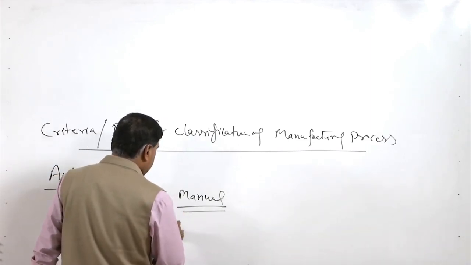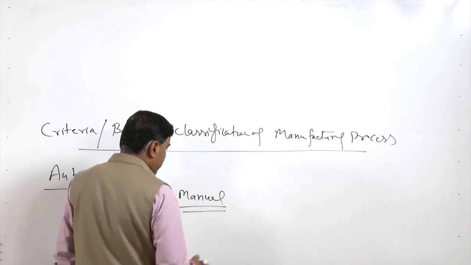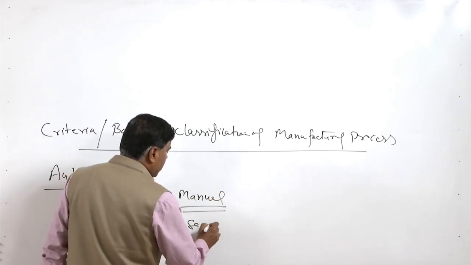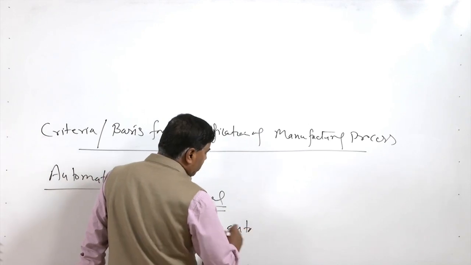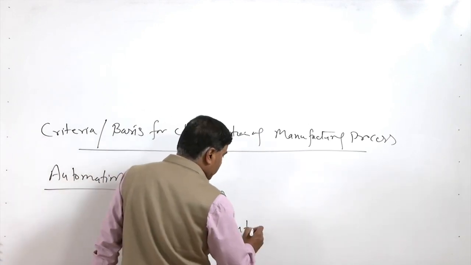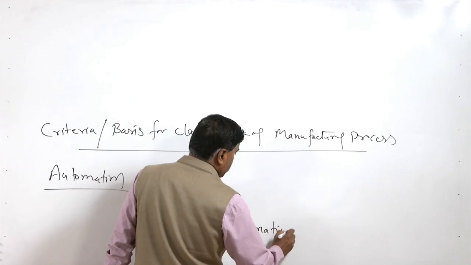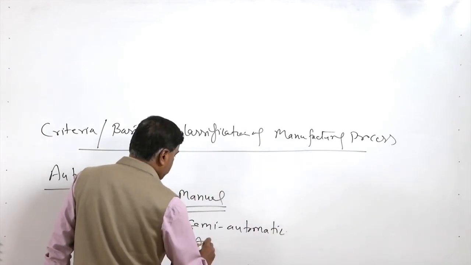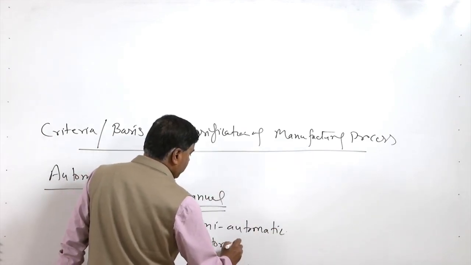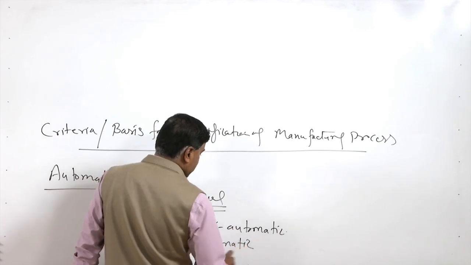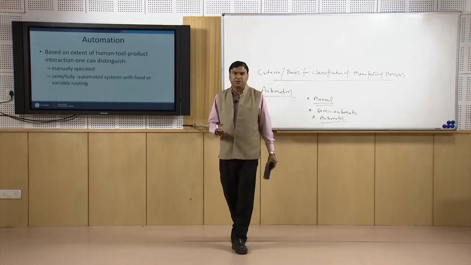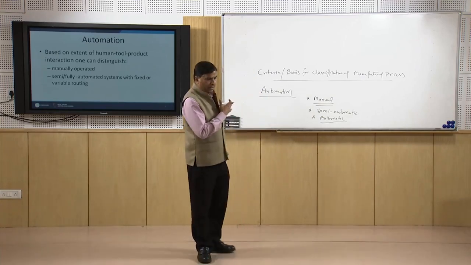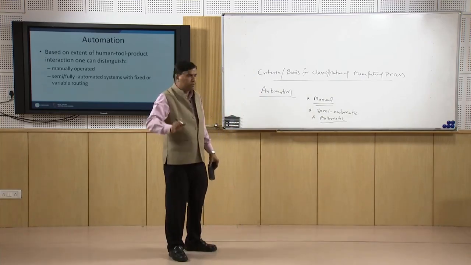Mostly the controls are manual, or here the control is partial, manual control is partial. So, it becomes semi automatic or fully automatic, where manual intervention is not much needed, only the raw stock is to be fed for ensuring that the process continues smoothly.